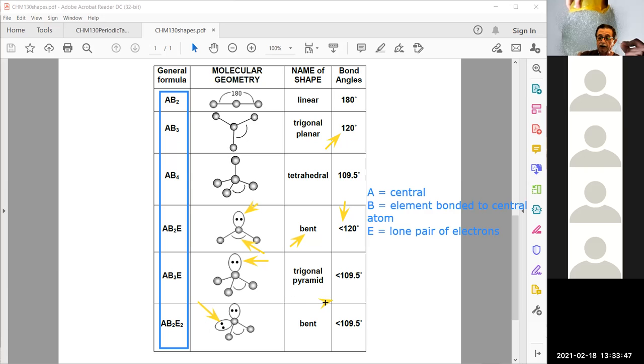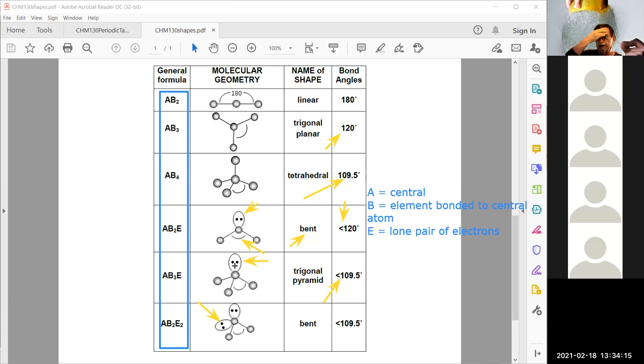And again, you would expect that bond angle to be 109, like the tetrahedral, but it's not. It's not 109 because that lone pair, as in the previous example, takes up space, so it pulls the bonds in. So that bond angle becomes less than 109.5.